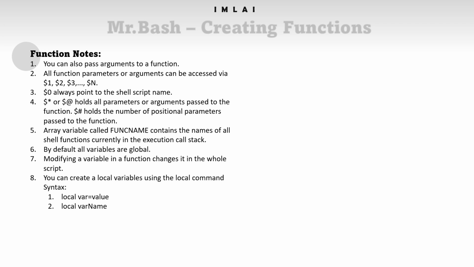By default, all variables are global, so modifying a variable in a function changes it in the whole script. You can create a local variable using the local command, with the syntax local var=value, or local var_name, whichever way. So you can basically create a local variable.